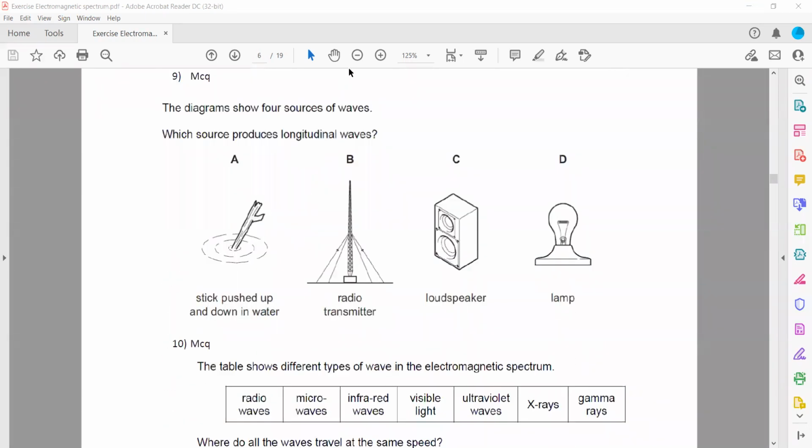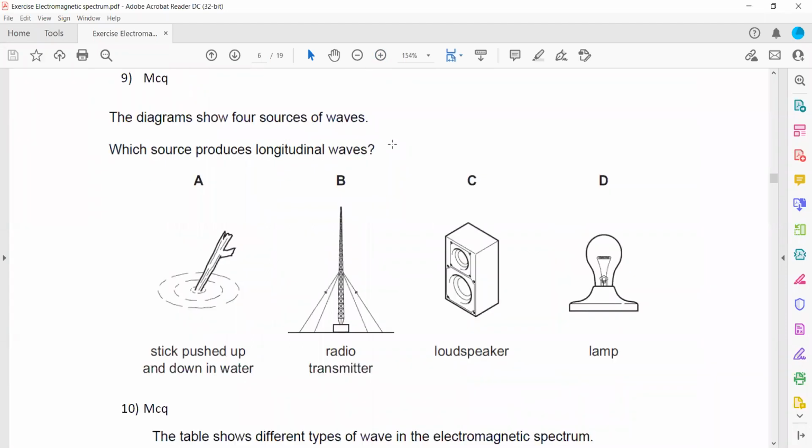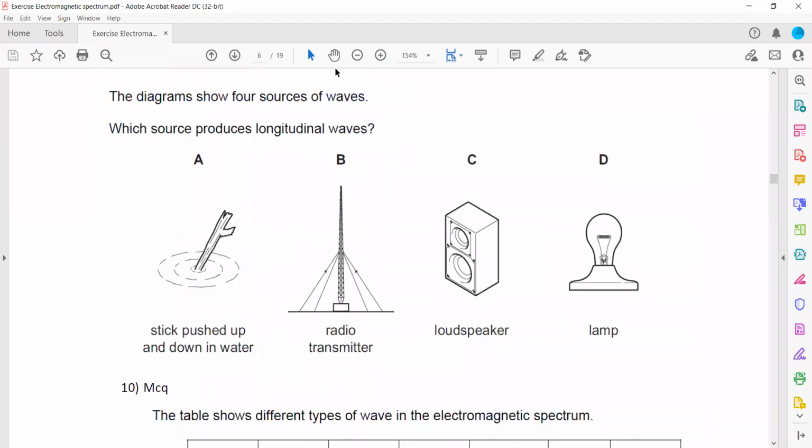The diagram shows four sources of sound which produce a longitudinal wave. Longitudinal means particles vibrate parallel to the direction. Here, when we disturb the water surface, the wave is transverse. All electromagnetic waves, radio waves, are transverse in nature.